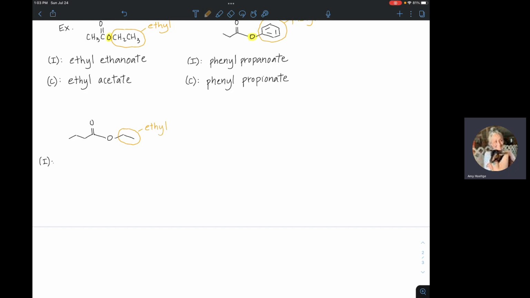So we're going to name the ethyl group first. Cook this stuff up with a few drops of sulfuric acid and some ethanol, and you get ethyl butanoate, or you get ethyl butyrate.